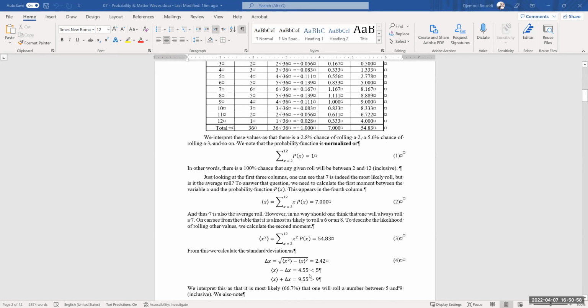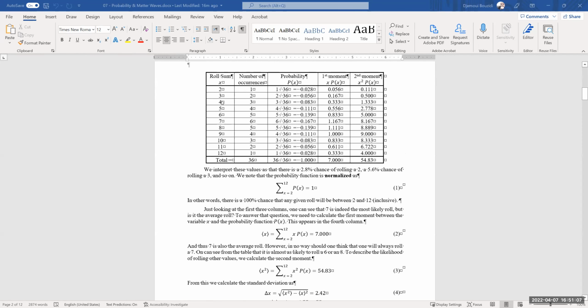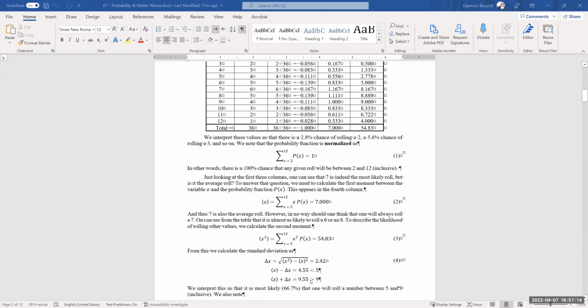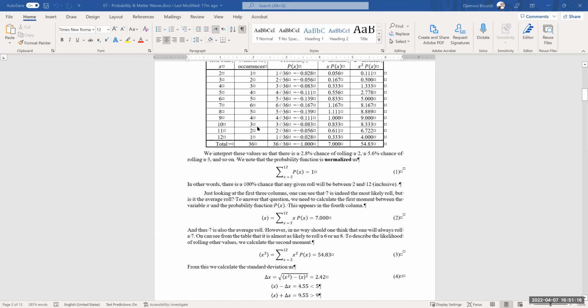So how much value is in here? We have anywhere between 2.42 added to the average and subtracted from the average. Subtracted from the average gives me about 4.55, which doesn't fit any of these pictures, so it's 5. And then 9.45 as the other number. Again, I cannot have a 9.55, I can only have a 9 in this case. So 2/3 of the data are between 9 and 5, 68% really, to be more specific.